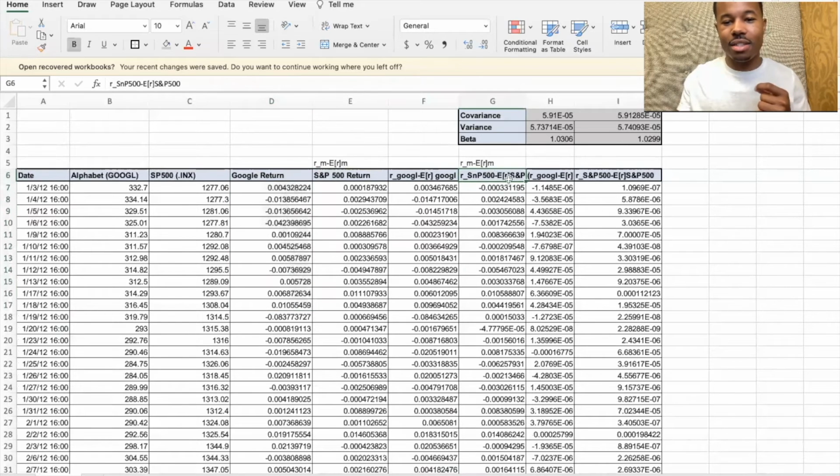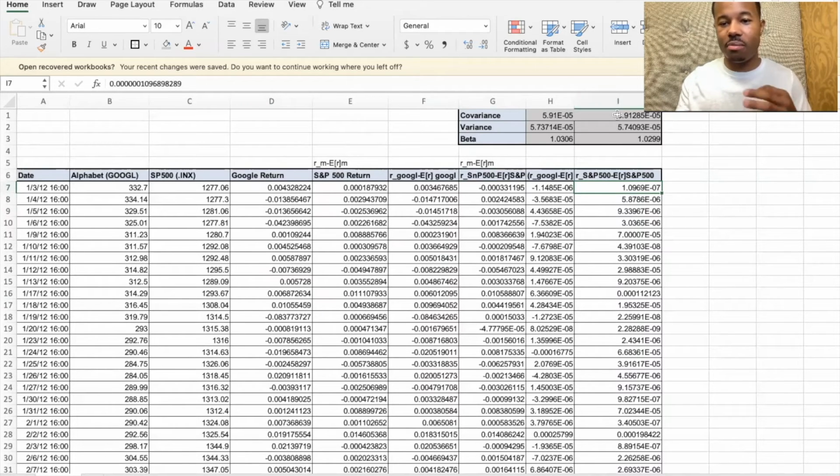For the S&P, we do the same thing: the actual return minus the expected return, the average of all these. Then this is what you get, and you continue on. If you want a class on this, I would say sign up for a class to break this down.